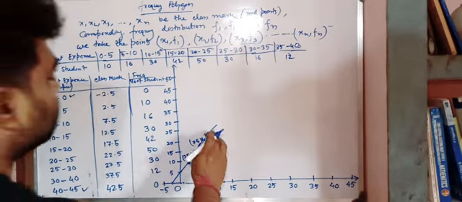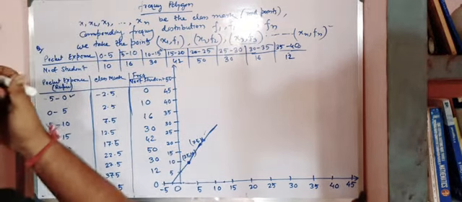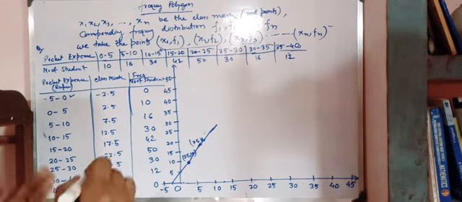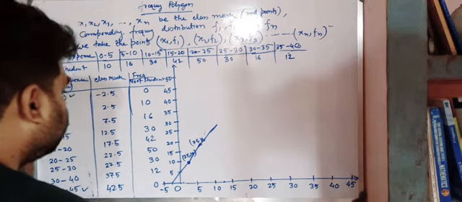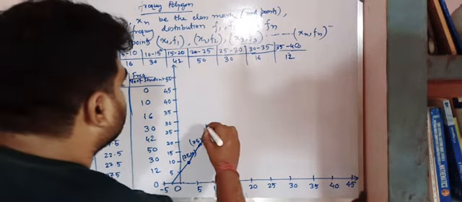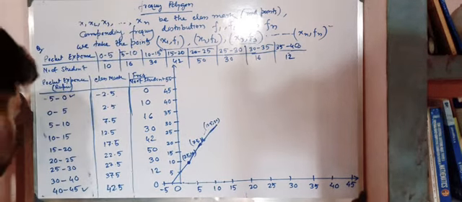Hope it is clear to you. These lines we are all joining, obviously by scale and pencil. So this is 12.5, 30.